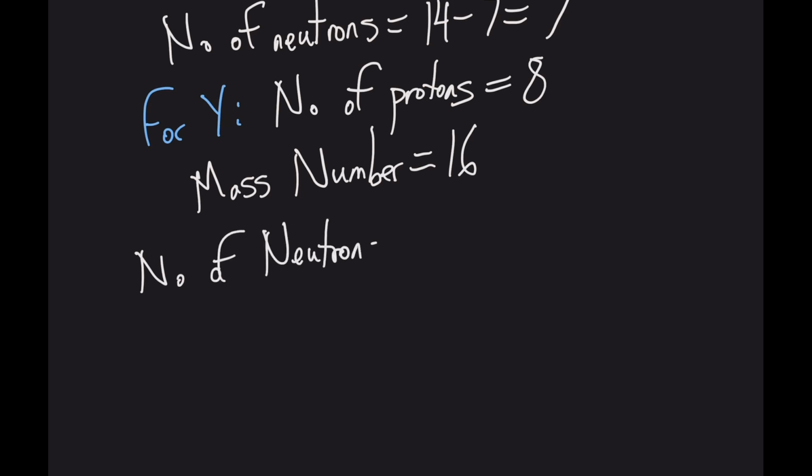And then the number of neutrons is equal to the mass number minus the atomic number, which is 16 minus 8, and that's equal to 8.